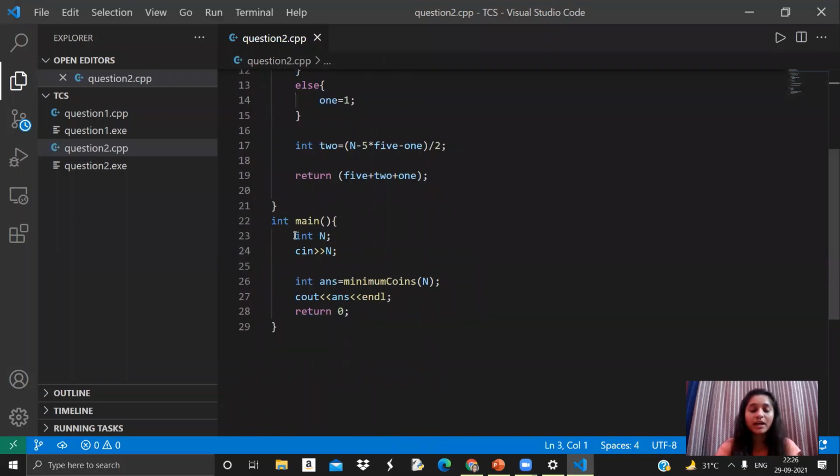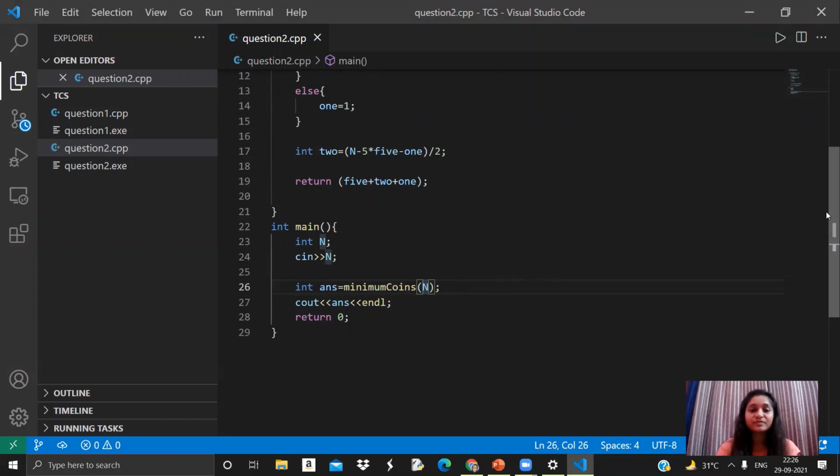First of all, I have taken the value n and I have taken the input from the keyboard. Now, I made one answer variable where I'll be storing my answer, and I have made a function where I'll be computing the minimum number of points, and I've passed n there because I have to calculate the minimum number of points from 1 to n.